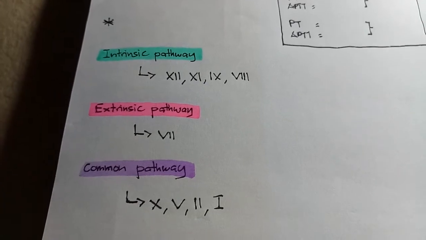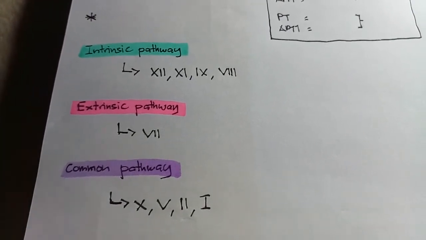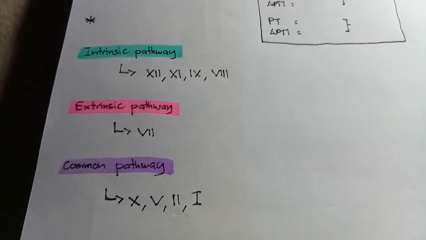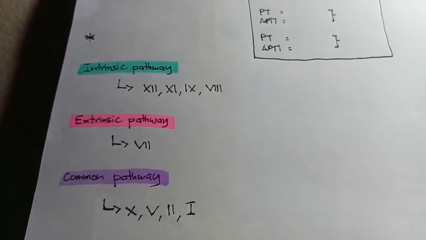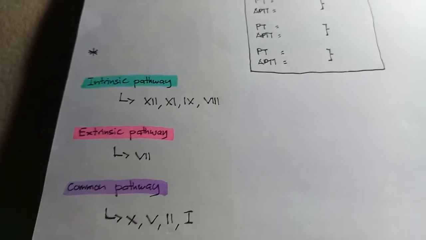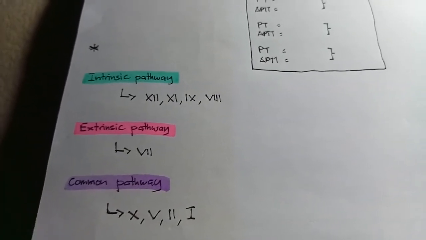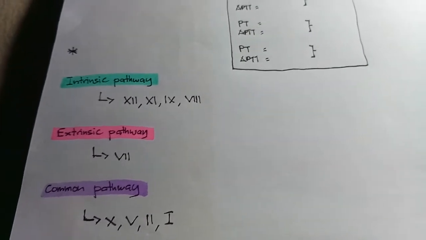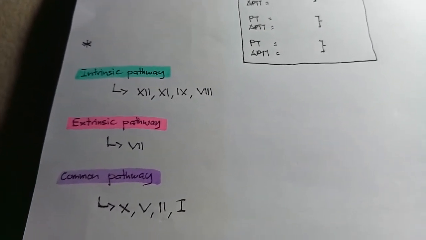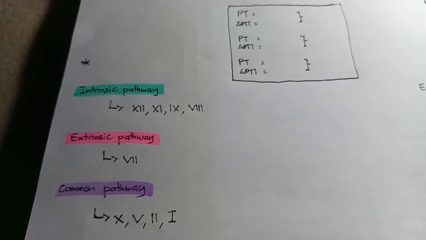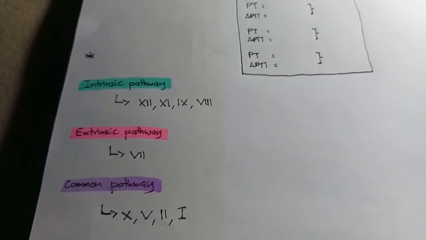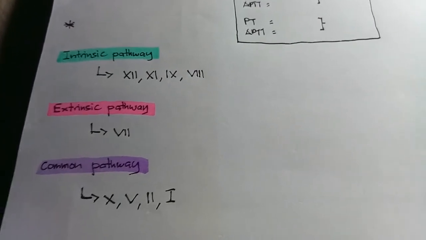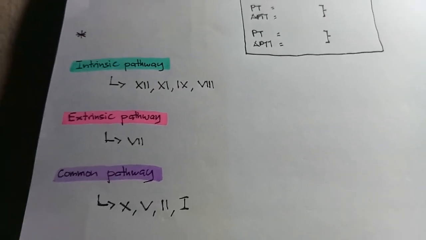I did not include prekallikrein and high molecular weight kininogen because their deficiency is not detected using mixing studies, and there are other tests for those factors. Also, when they are deficient, they cause only minor abnormalities. So, those four are important.